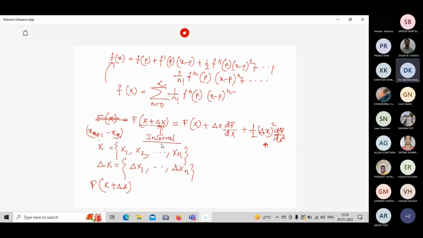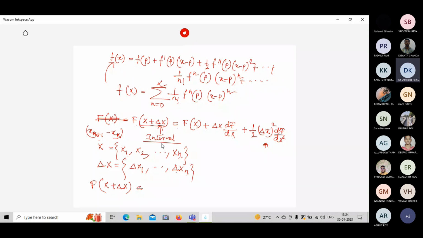Both are scalar. Now we are considering there are n number of variables x1 to xn, and there will be corresponding n number of intervals del x1 to del xn. Now for n number of variables, we can rewrite this Taylor series for the first three terms as f of x plus del x.